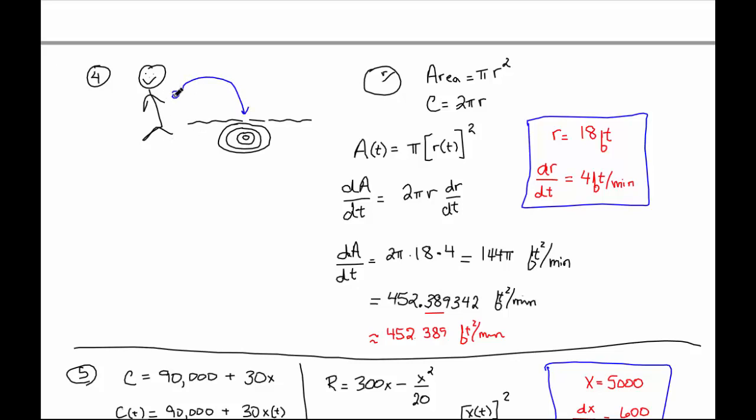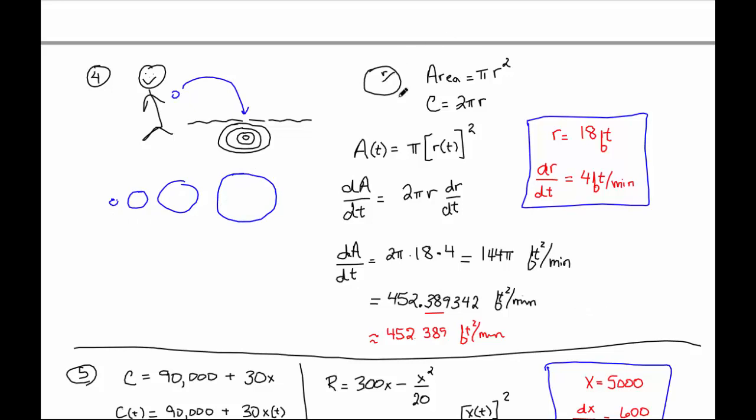As you throw this rock into the water, you'll notice that it makes ripples, and the ripples are moving outward. So if you looked at it, you would see a small circle, a bigger circle, a bigger circle as the ripple moves outward. Each one of these is a circle with a radius.